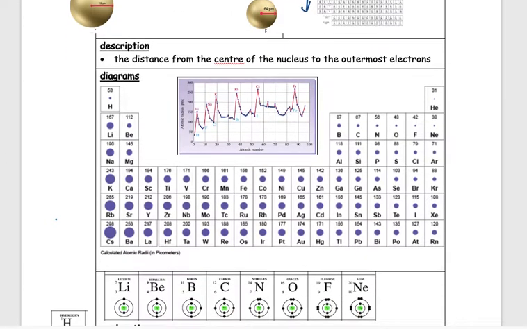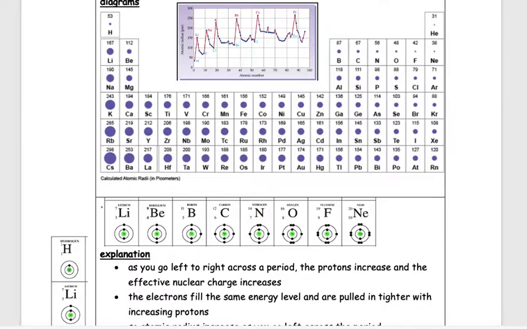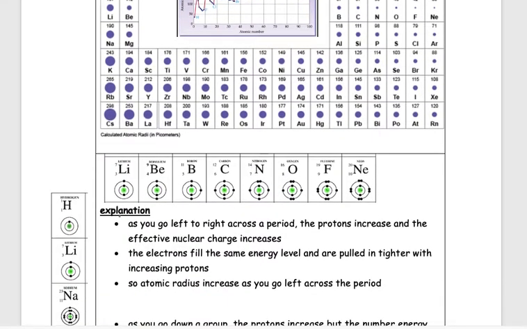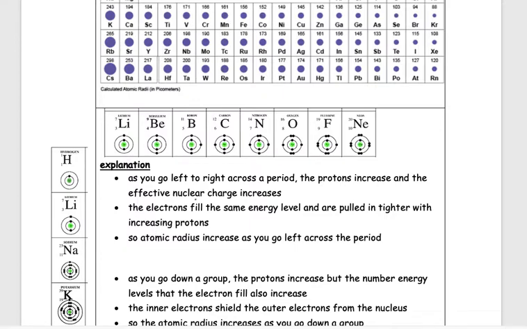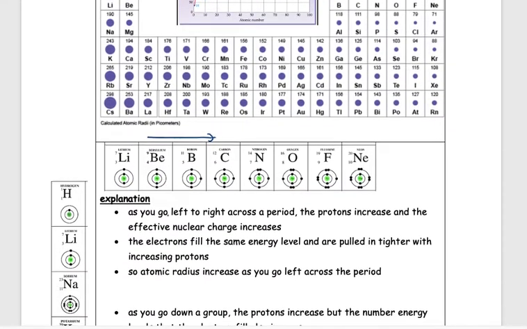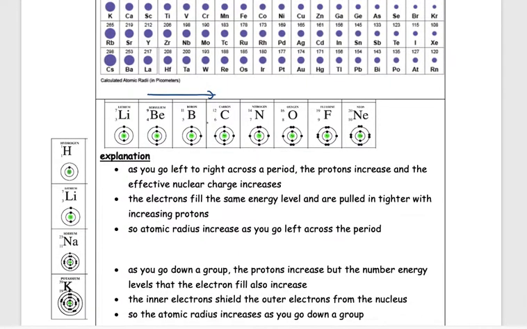All right, so if you wanted to match all the ideas above and get them written down: as you go left to right, we're noticing more and more protons, more and more electrons, right? But it all comes down to the effective nuclear charge increasing as you go this way across the table.